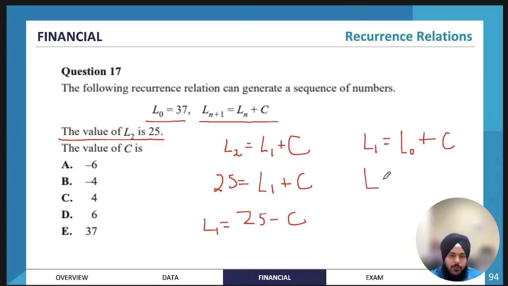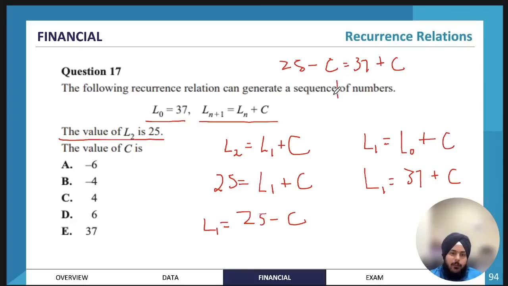And then in terms of L1, we know what L0 is, so L1 is 37 plus C. Then we might want to let them equal to each other, because L1 is equal to L1. So we do 25 minus C equal to 37 plus C.